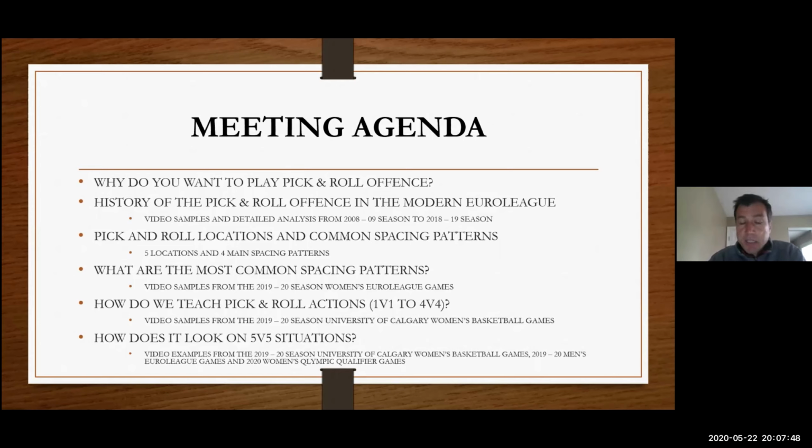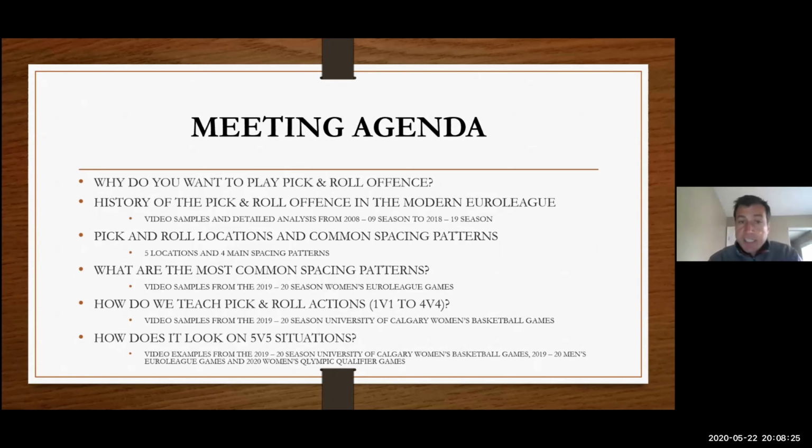The way I look at it, there are 5 different locations that we usually utilize to start our pick and roll actions, and there are 4 main spacing patterns. I'm going to provide a lot of video samples to give you an idea of how those spacing patterns happen, from different levels: the women's EuroLeague, men's EuroLeague, women's Olympic qualifiers, and including Canadian University basketball.